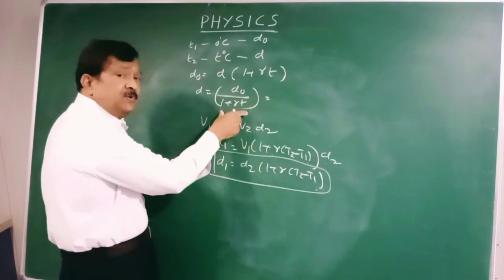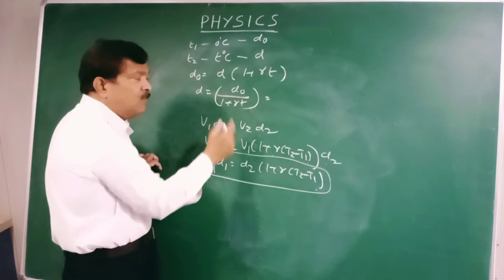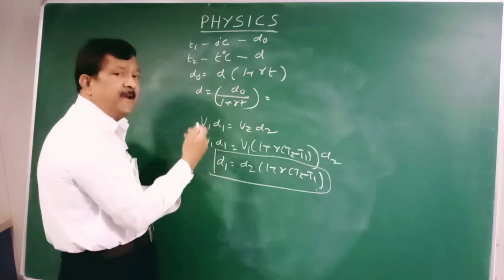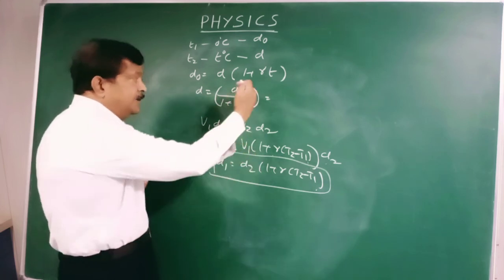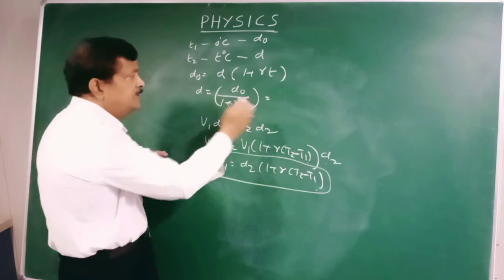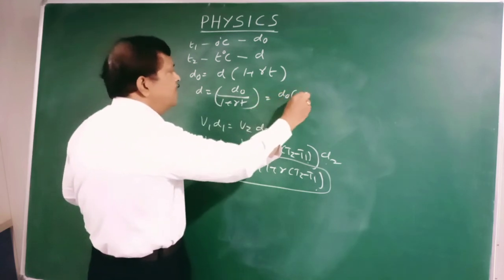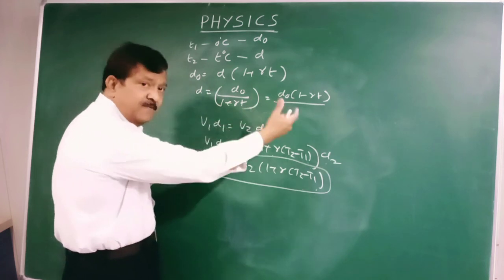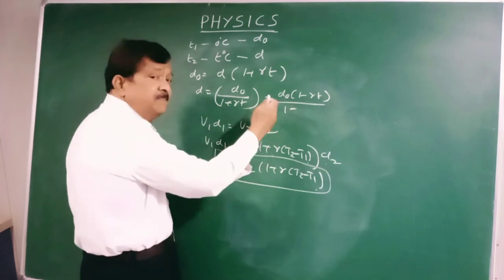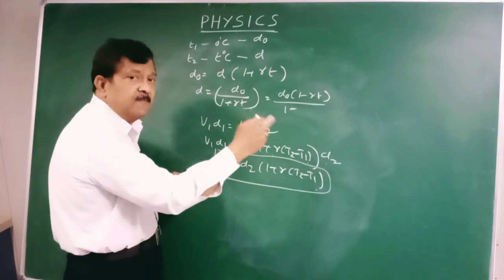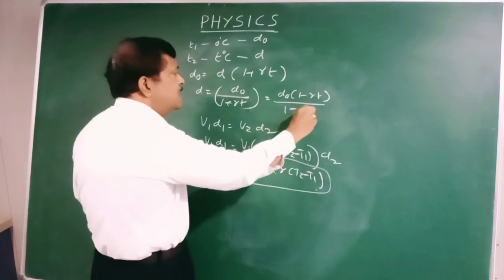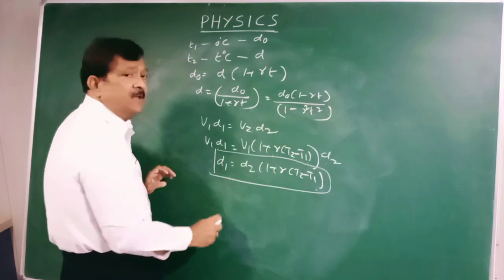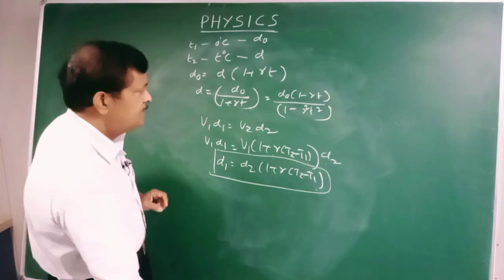Practically, calculating this factor is difficult. So what we do? Let us multiply by (1 − γ T) in the numerator and denominator. Then what you will have? D0 (1 − γ T) divided by (1 + γ T)(1 − γ T). It is (A + B)(A − B) = A² − B², so 1 − γ² T². Now what we have to do with this?